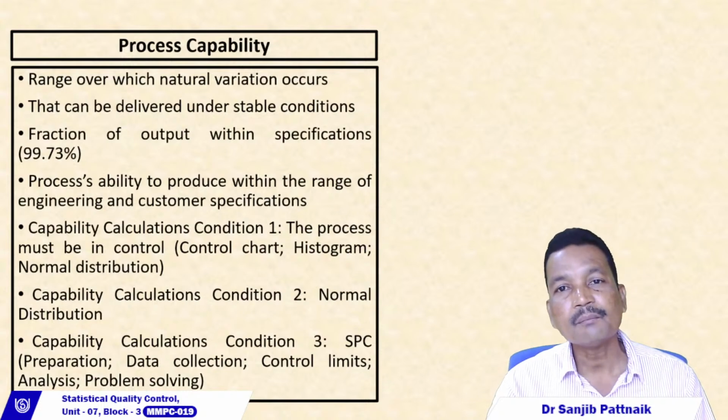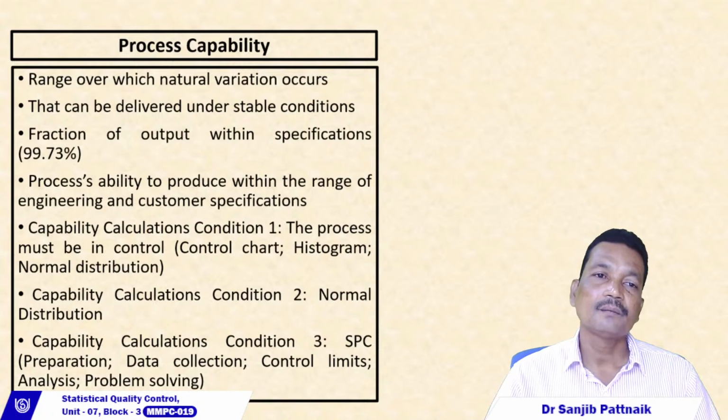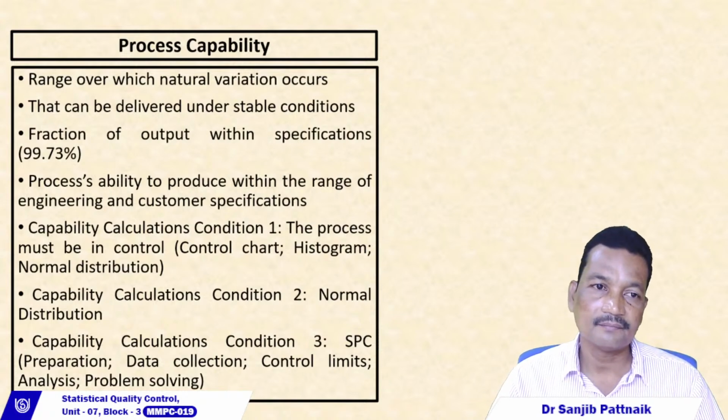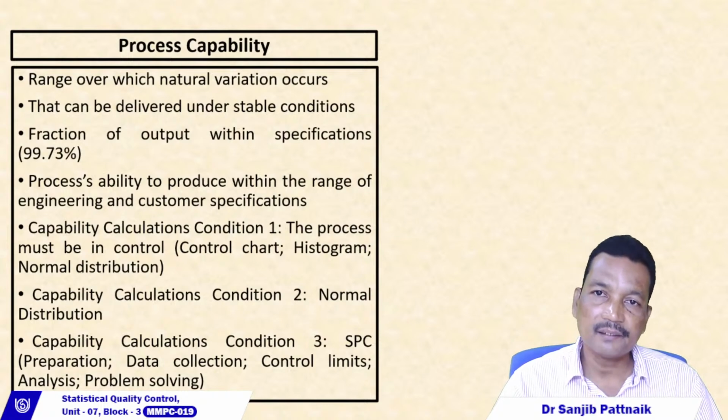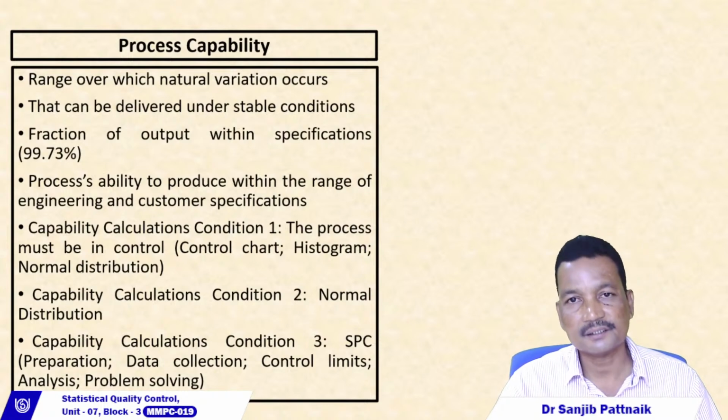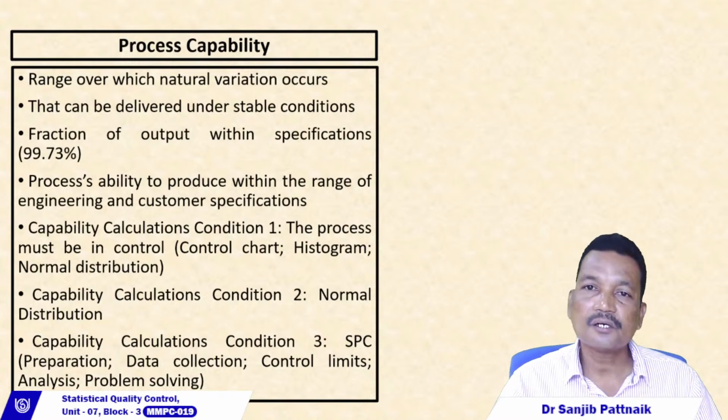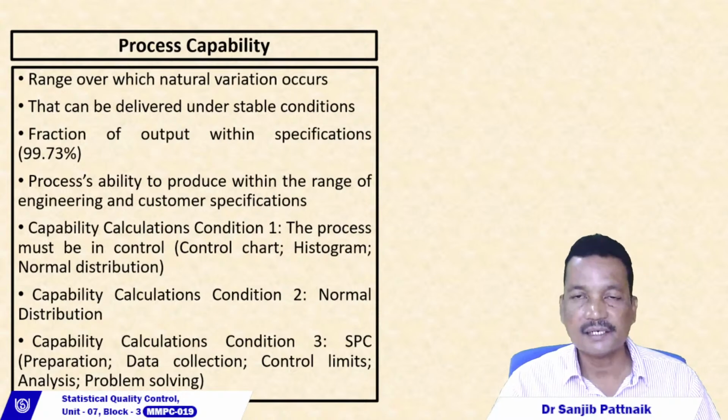So how much variation is occurring under normal conditions, that we call process capability. In other words, this is the quality aspect which can be delivered under stable conditions. If all the conditions are held stable, what can be delivered?